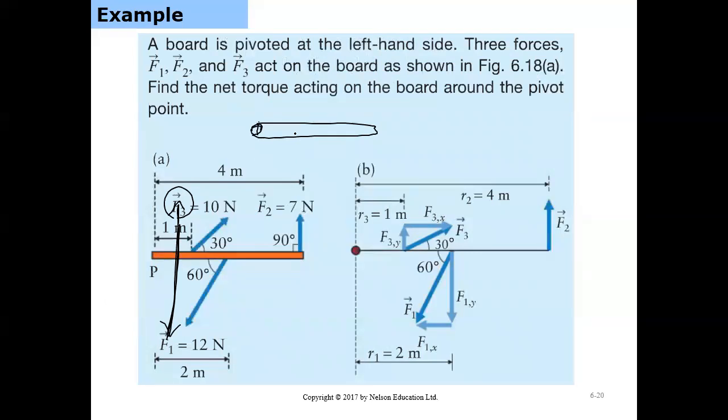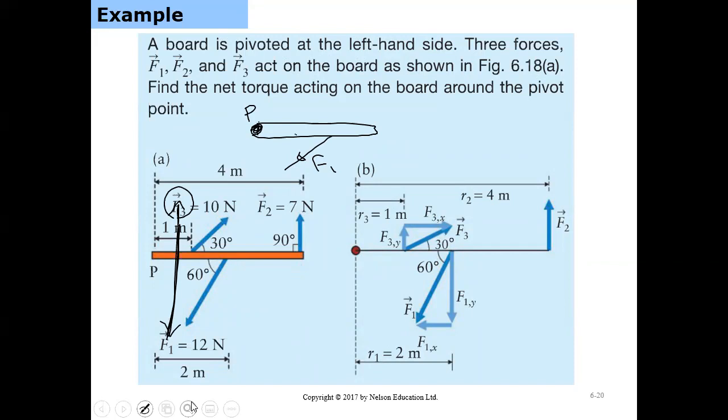Say this is the force. Let me look at the F1 first. F1 is like this, right? And it is pivoted here. We want to talk about the point P. Imagine F1 is the only force. It will turn clockwise. So the torque from F1 about the point P is clockwise.